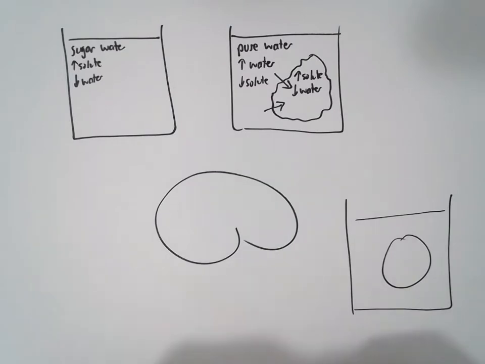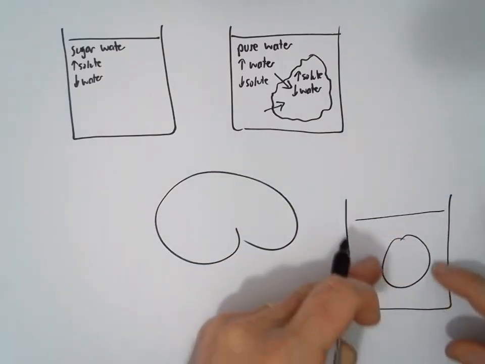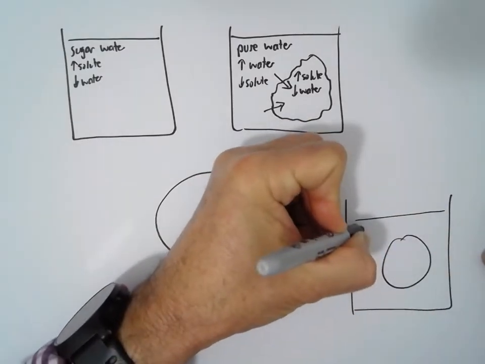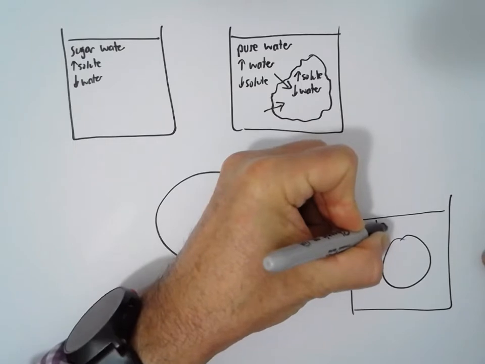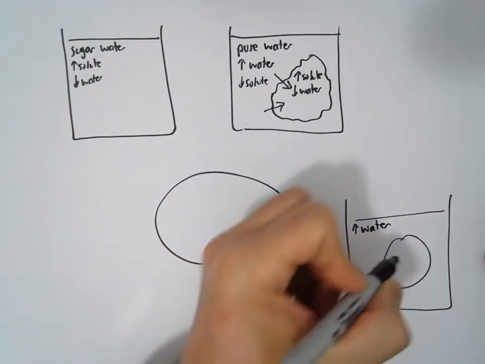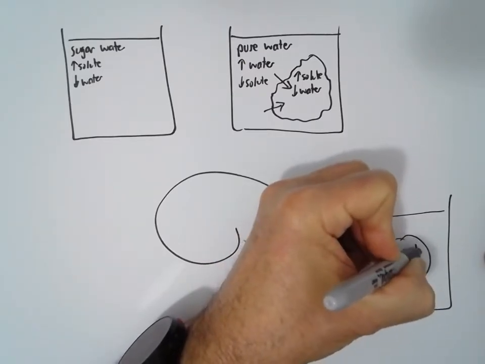If we drink lots and lots of water, that water is in the extracellular fluid around our brain. So we get high water around our brain, and inside the cells of our brain, we've got low water.